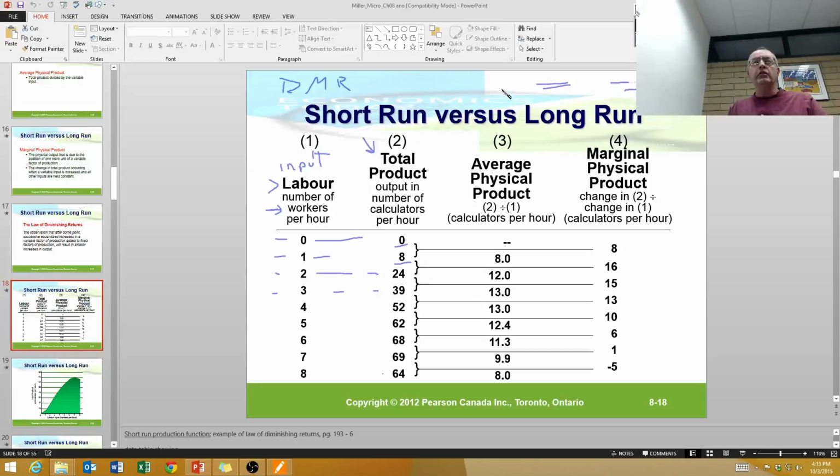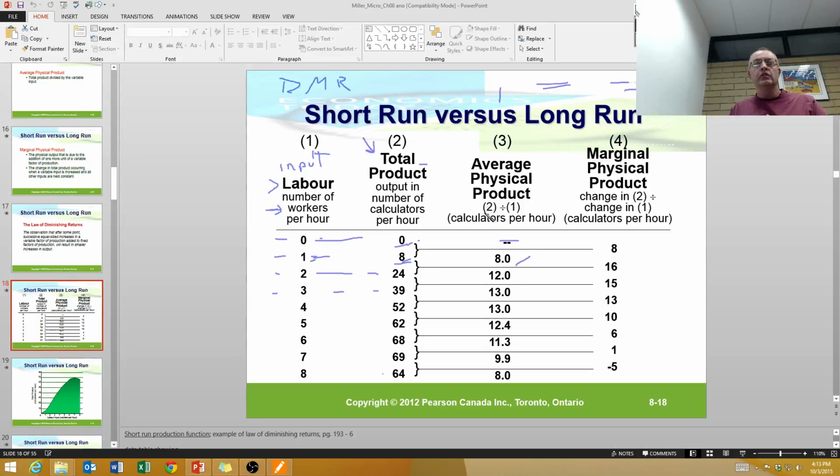Okay, so the average physical product is simply the total product, the total level of output, divided by the number of workers. Of course, when we have no output and no workers, we have 0 physical product. When we have 1 worker and 8 units of output, our average physical product is 8.